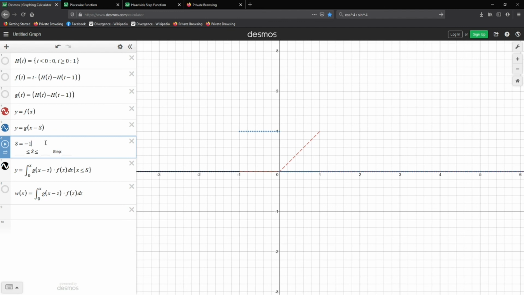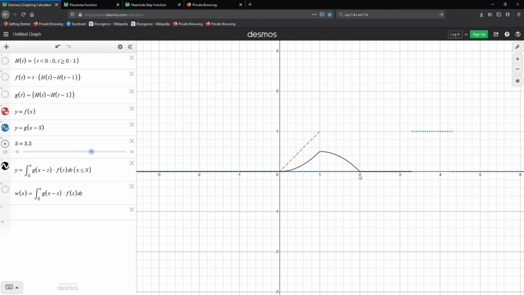And if we go through and visualize what this convolution is doing, we can think of it as sliding the function g through the function f and calculating the integral of the product, which results in this black function right here.